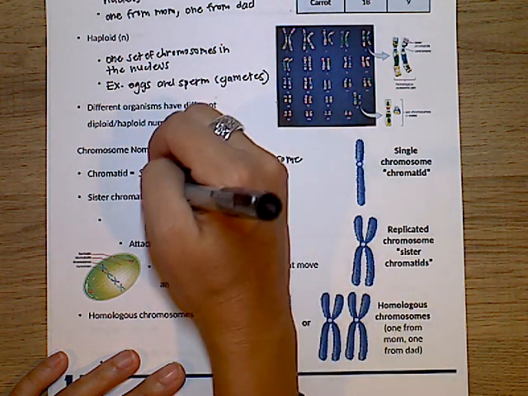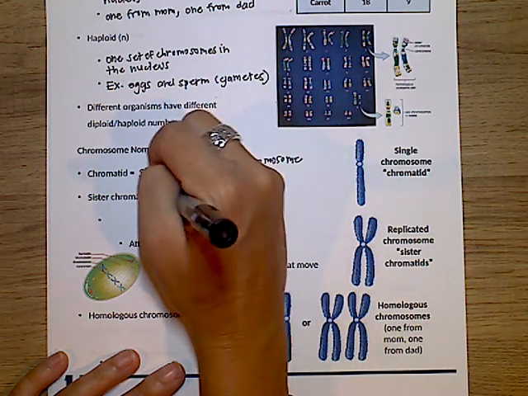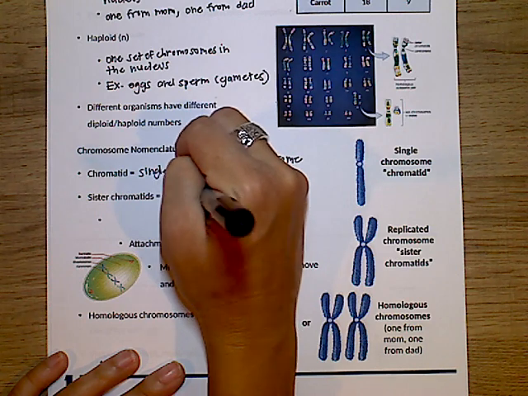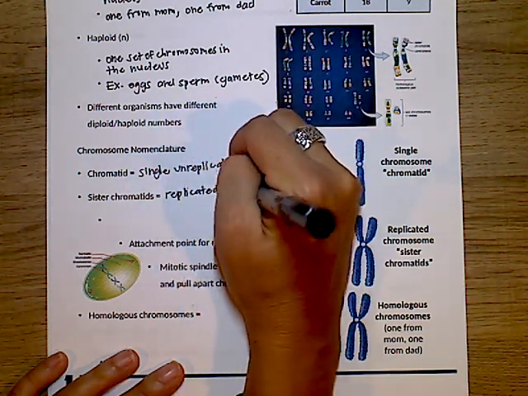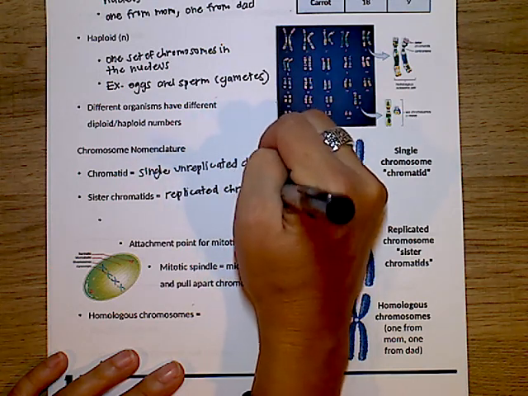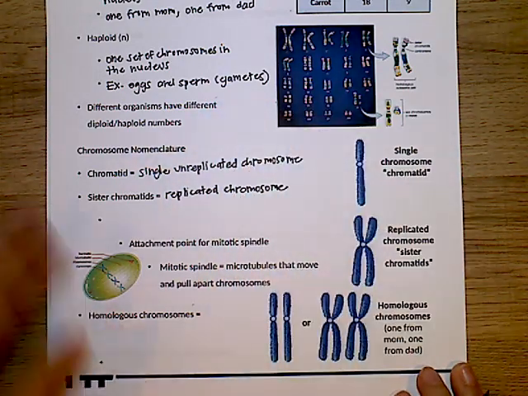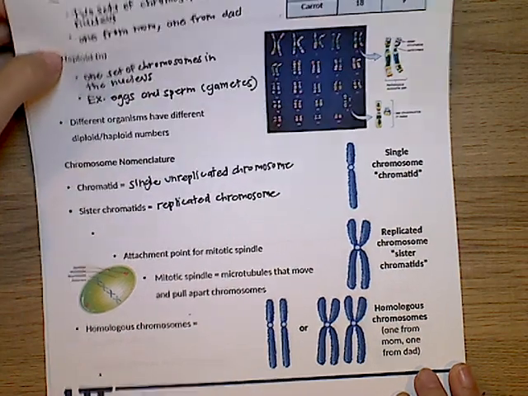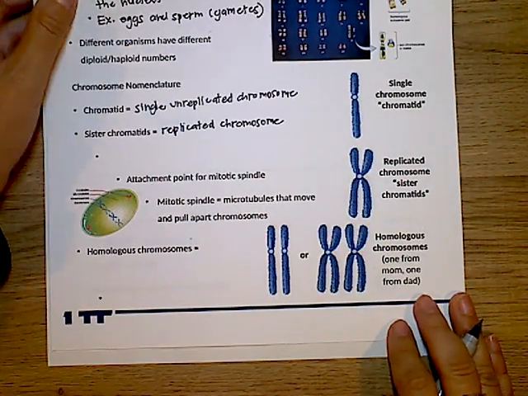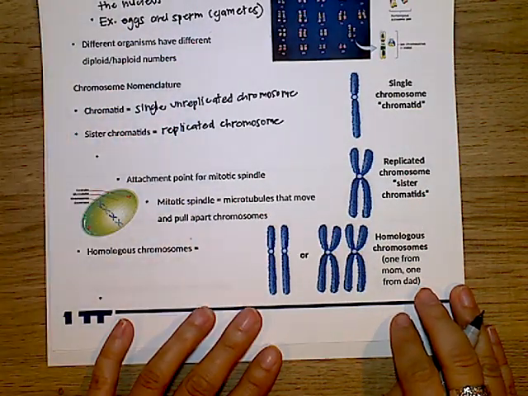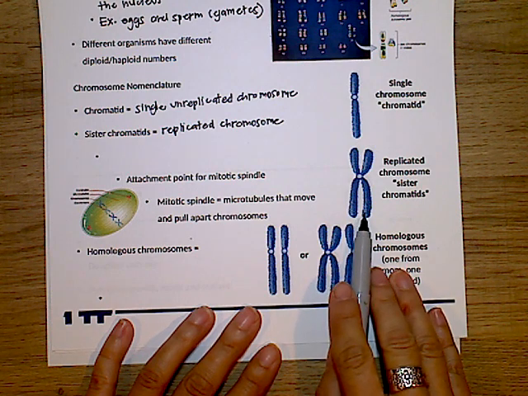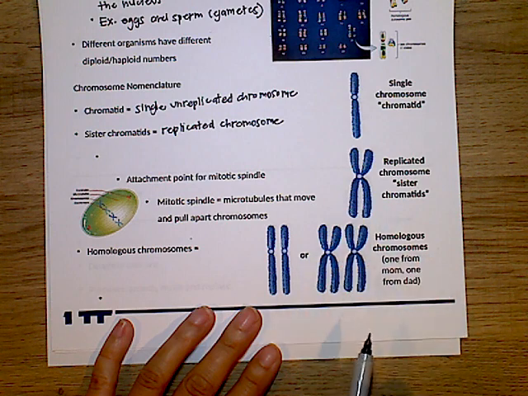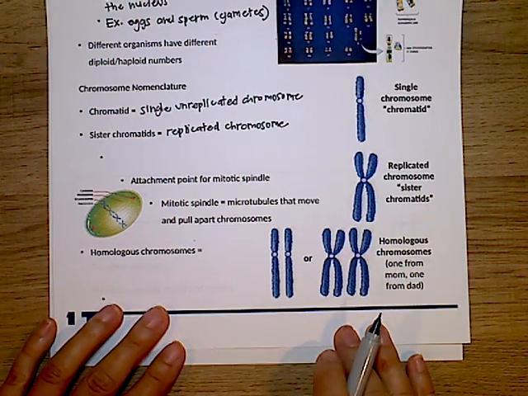Sister chromatids are replicated chromosomes. So here we have our replicated chromosomes. They're sister chromatids, and they should be genetically identical.